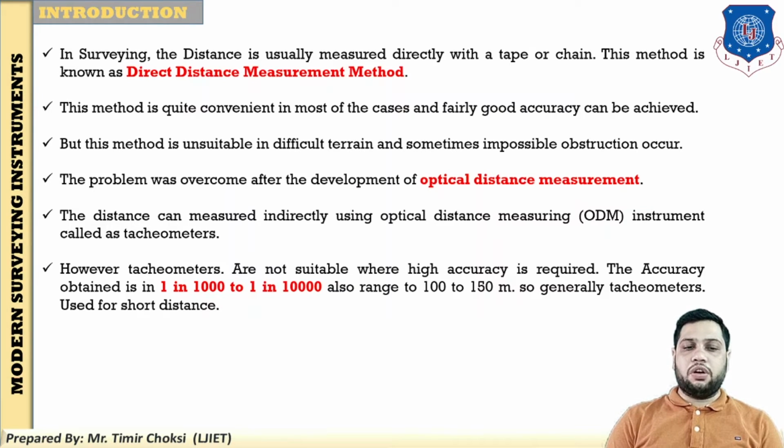The accuracy obtained is 1 in 1000 to 1 in 10,000, and the range is 100 to 150 meters. So tachometers are generally used for short distances because the accuracy is low and the range is short.